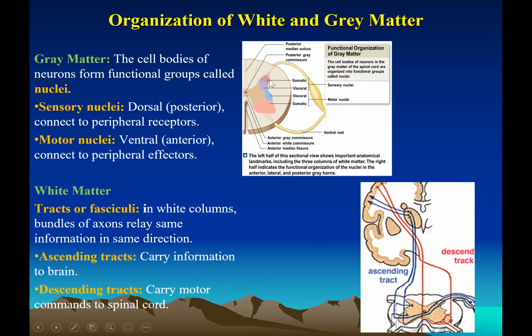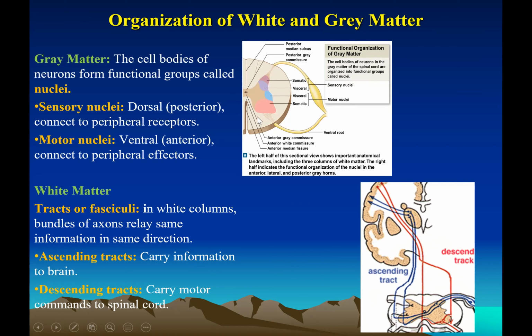It's called nuclei. The sensory nuclei are dorsal or posterior, and they connect to peripheral receptors. Remember, it's bringing information inside the CNS through the peripheral receptors. The motor nuclei are ventral or anterior, and they connect to peripheral effectors.